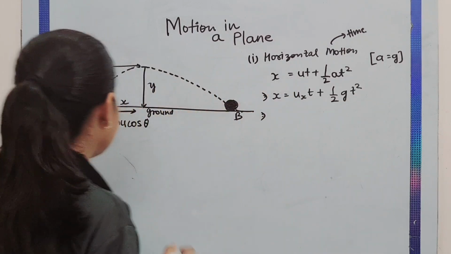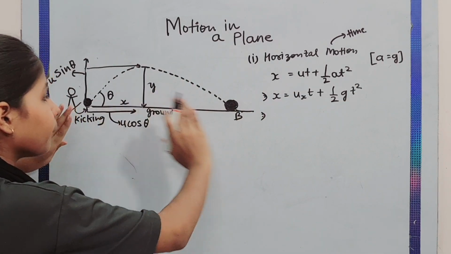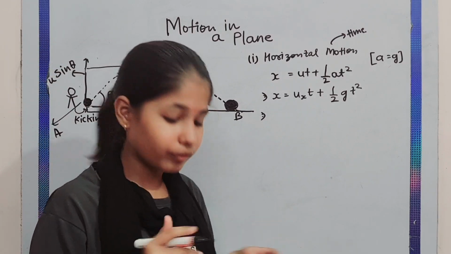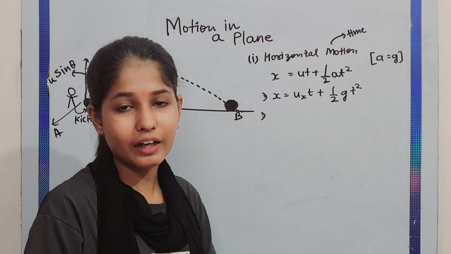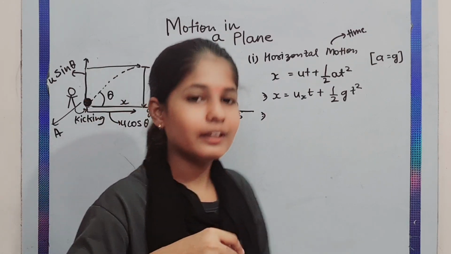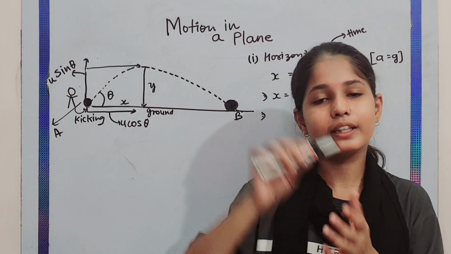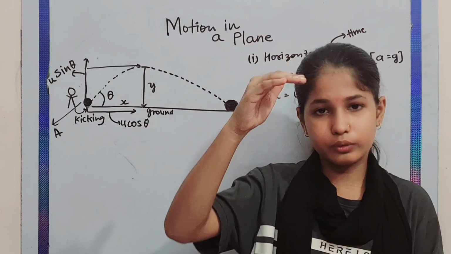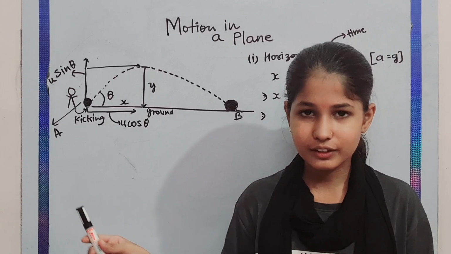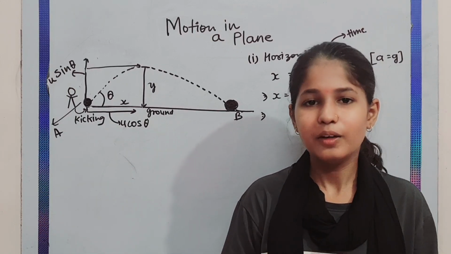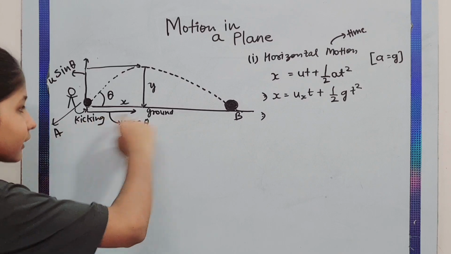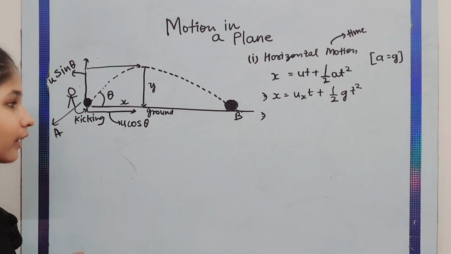One more thing: we are finding the horizontal motion. Can you let me know what the value of acceleration due to gravity will be here? Simply it will be 0, because it is falling from the upward position to the downward position, not sideways. It is not going to this side. It means that the gravity does not act sideways. It is asking for the ground.